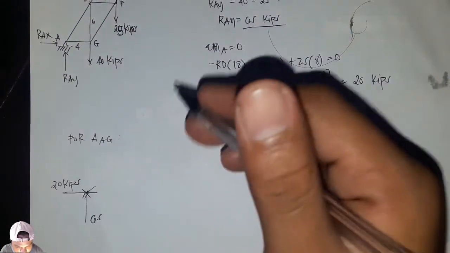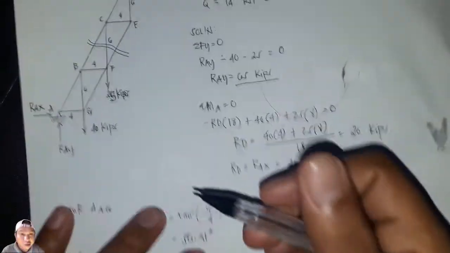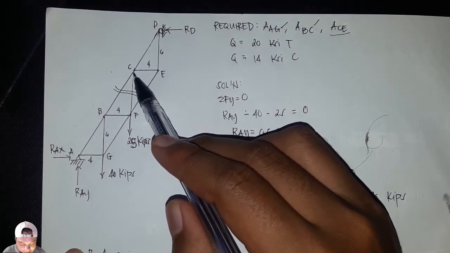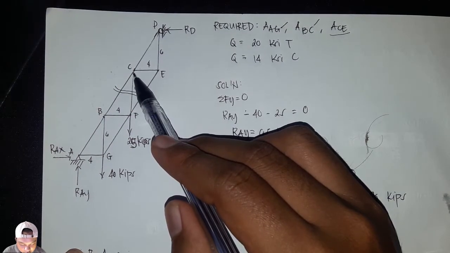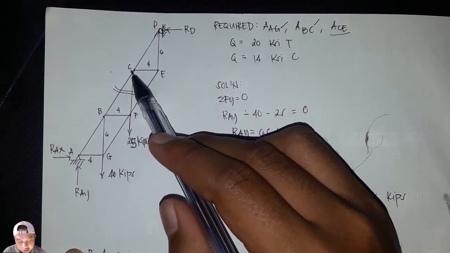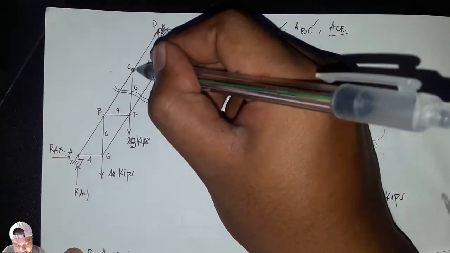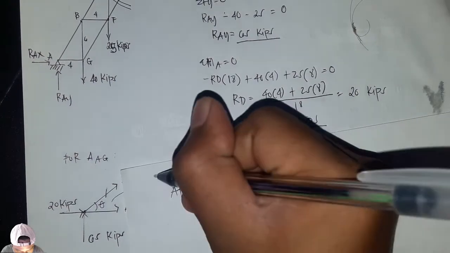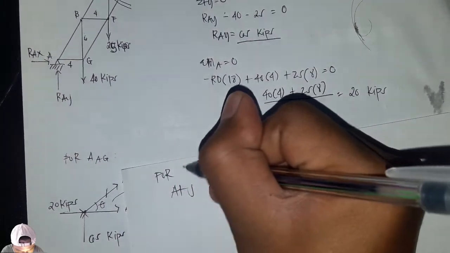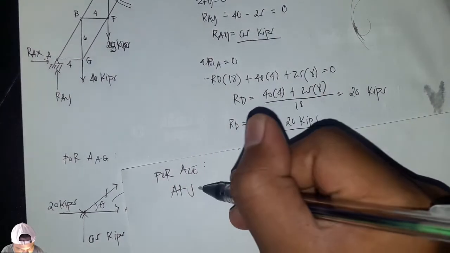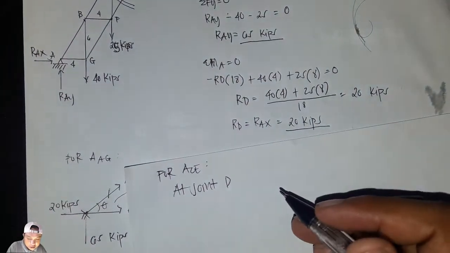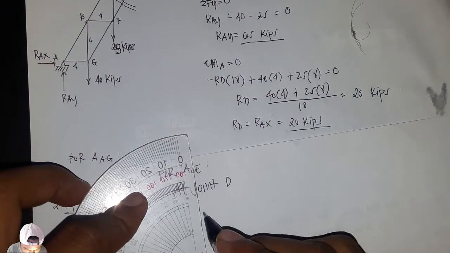We can't go straight to joint C because we're missing known values. So for ACE, we start at joint D. Let's isolate it, or make an FBD.